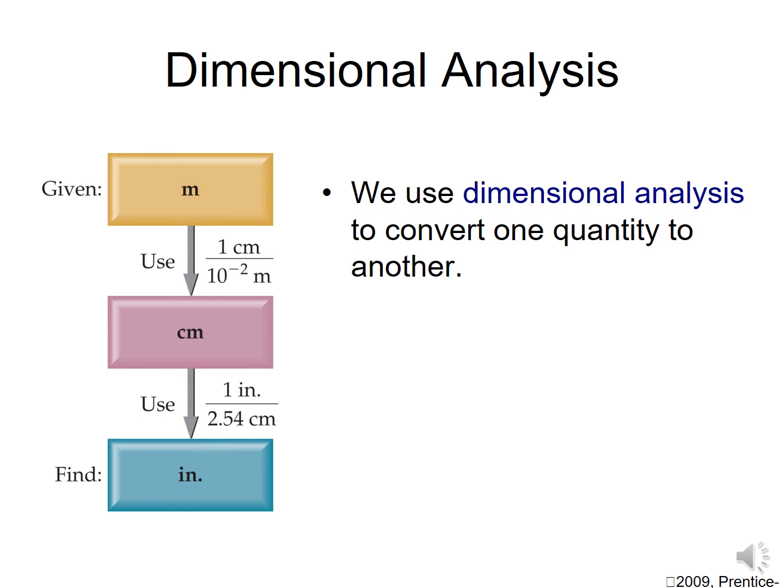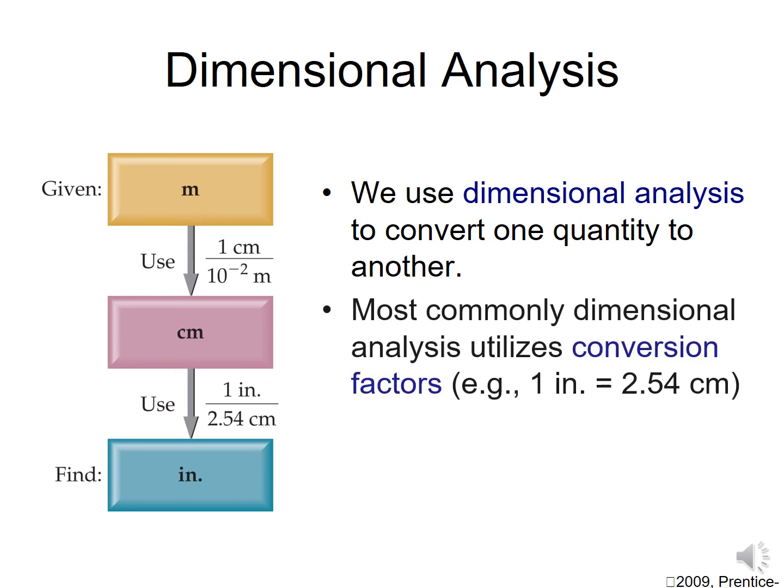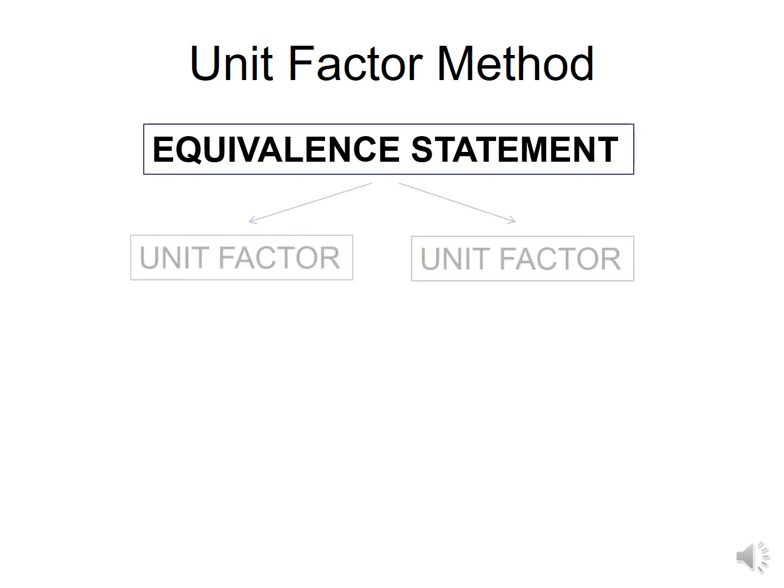Dimensional analysis is at its simplest a method of unit conversion. And this method is often referred to as the unit factor method. In the unit factor method, one first establishes an equivalence statement, and this equivalence statement usually gives rise to 2 unit factors.